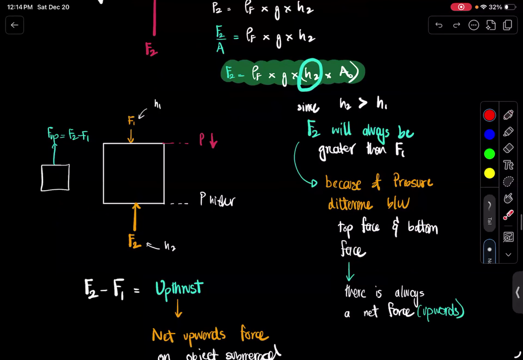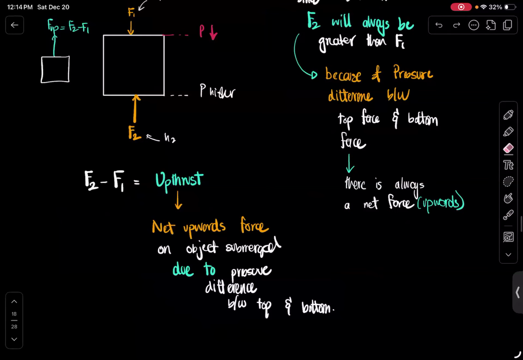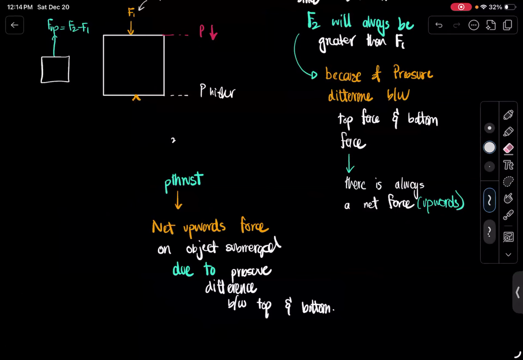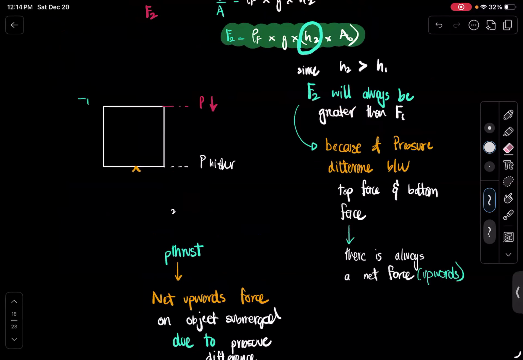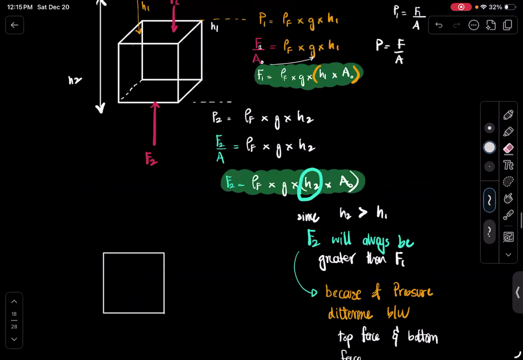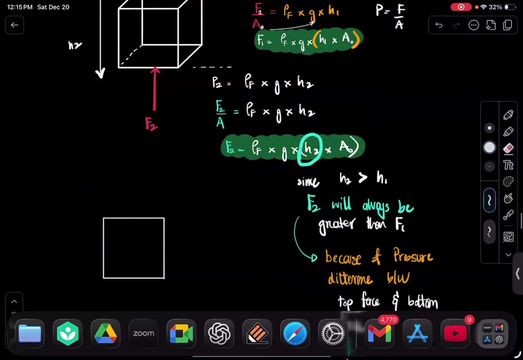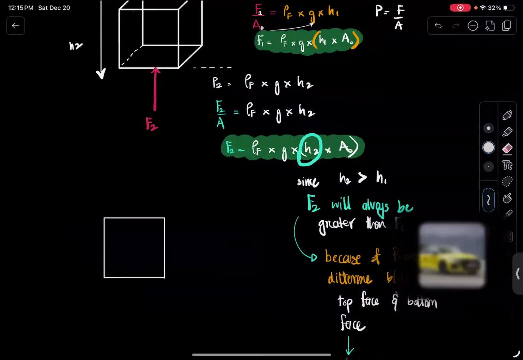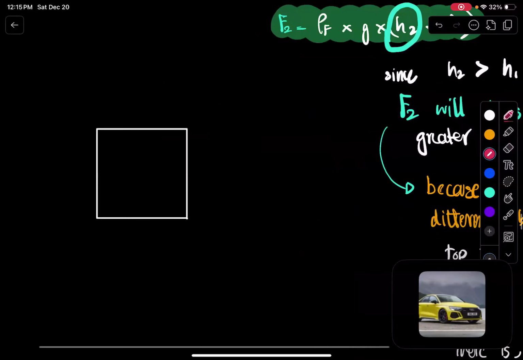So if you summarize all of that, we know that there is a small force F1 at the top face.